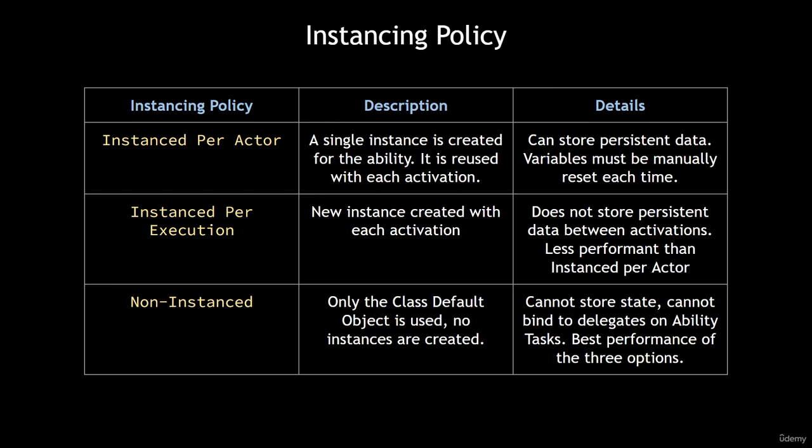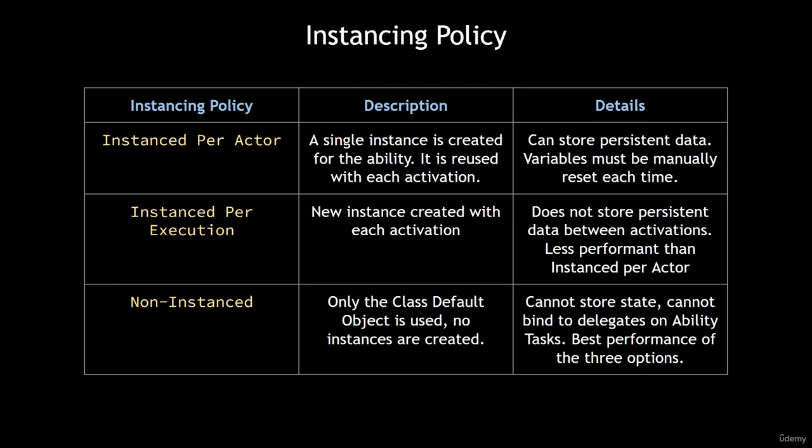So gameplay abilities are classes that can be instanced. And if we choose instanced per actor, then we only instantiate or construct a single instance of this class when we activate the ability.